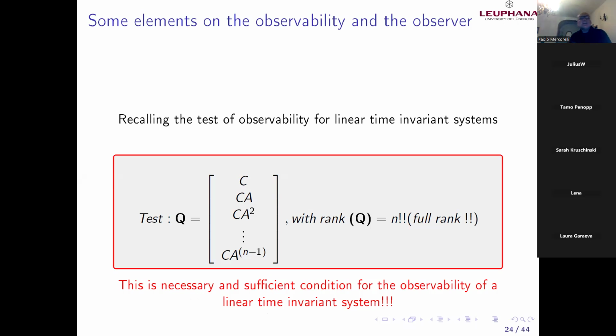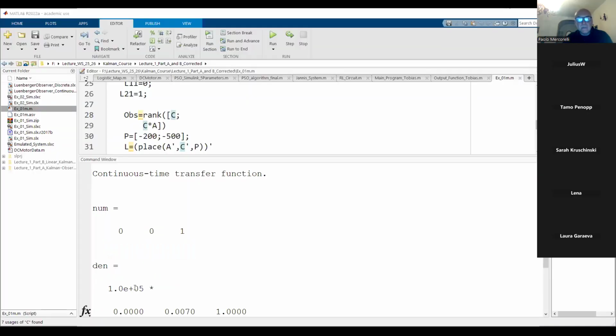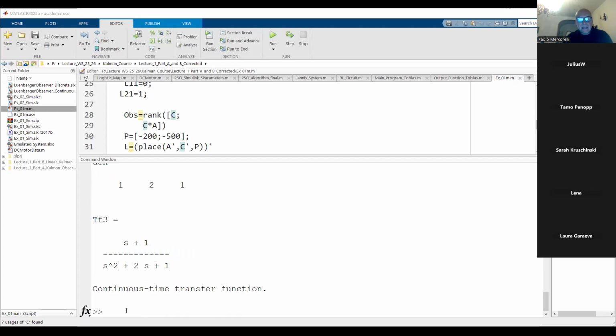For non-engineers, it's a little bit difficult to understand this concept. But basically it means, let me come back to MATLAB, in order to clarify also for non-engineers what the meaning of this is. Look at the matrix.